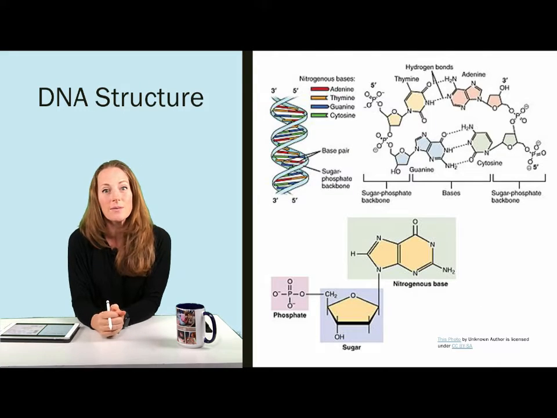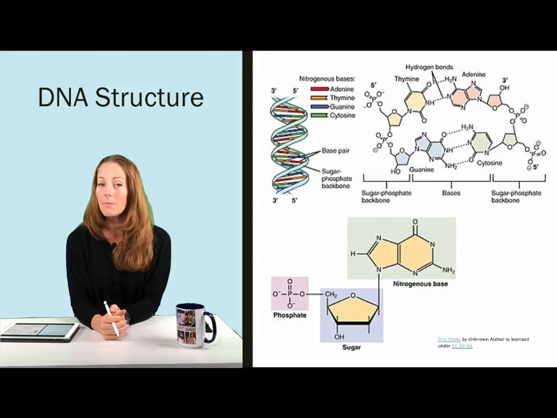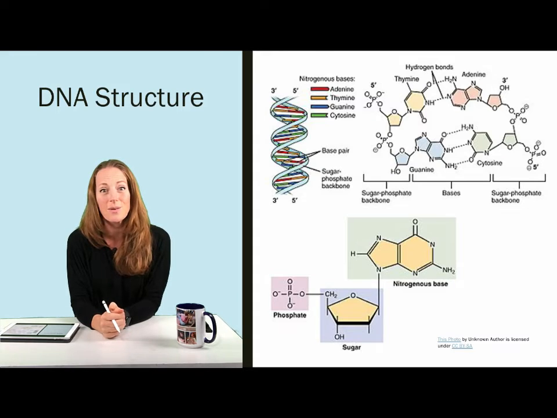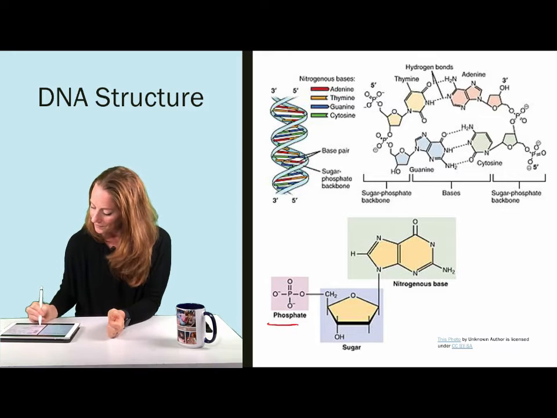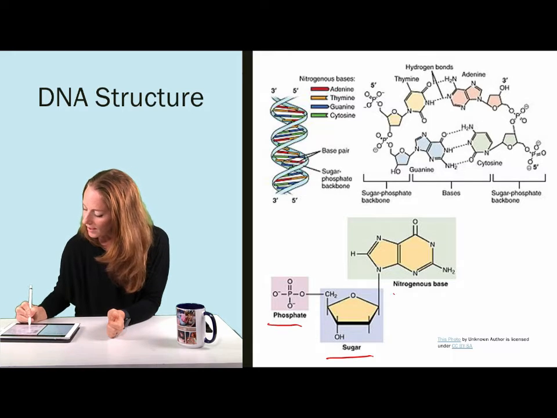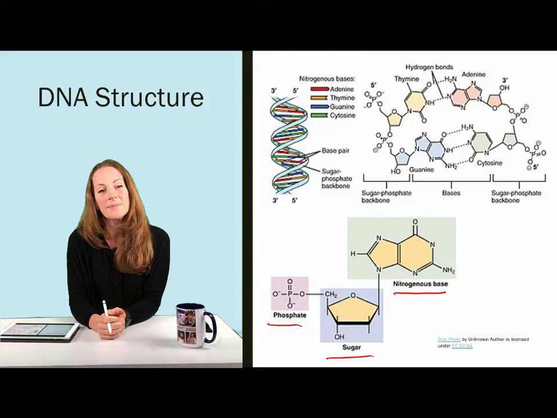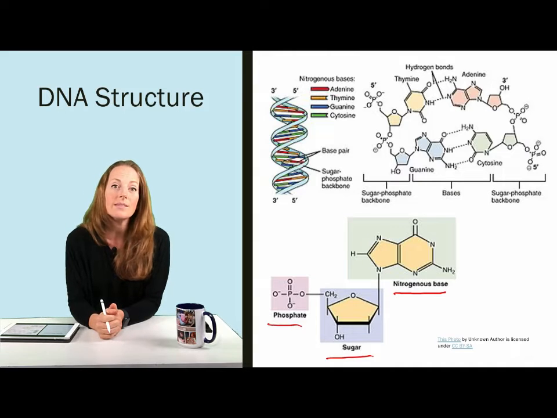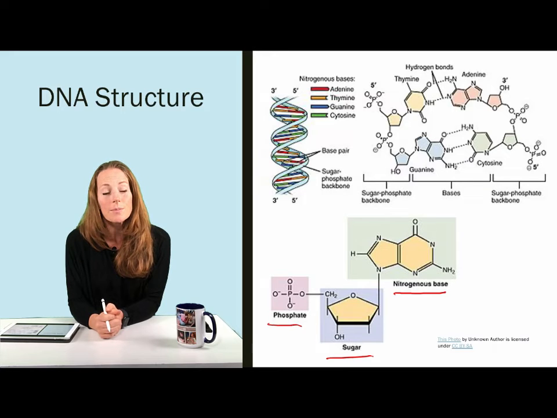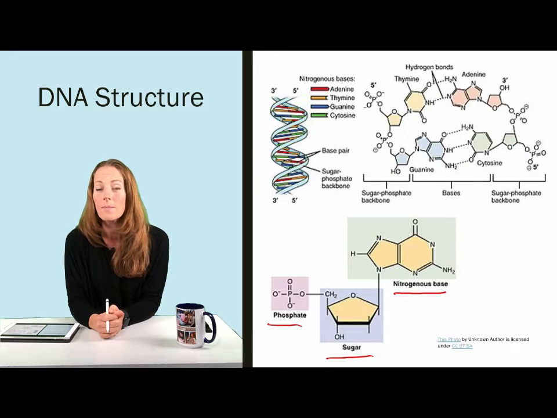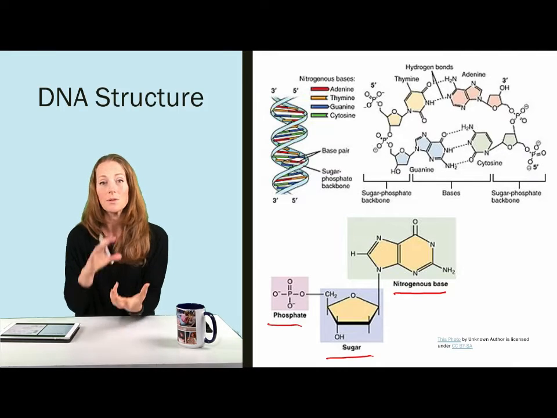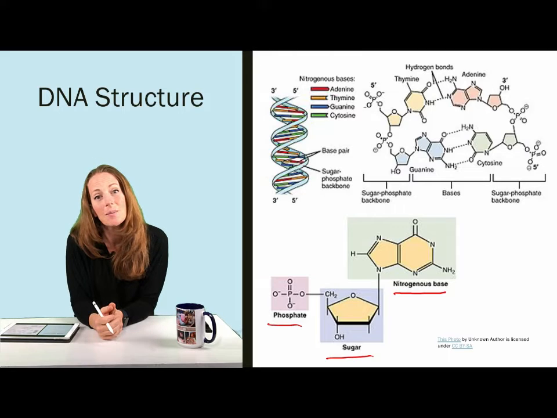So let's review DNA structure. It might be helpful for you to try to draw this out. So look at the phosphate group, the sugar group, and the nitrogenous base. Look at the overall DNA structure and see if you can find those groups bonding together to form that double-stranded complementary base pairs that ultimately will twist to form that double helix.